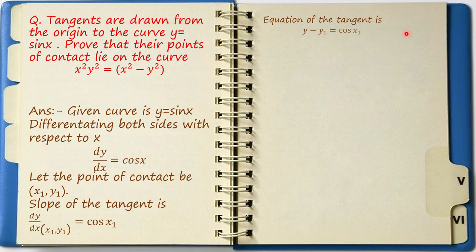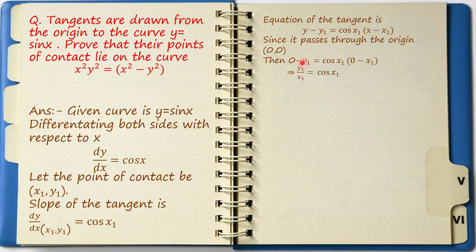So here is the equation of this tangent: y minus y1 is equal to cos of x1 into (x minus x1). Now it passes through the point (0, 0), so (0, 0) will satisfy the equation of this tangent. So put x and y equal to 0. From here you can establish this condition, that is y1 by x1 is equal to cos of x1.